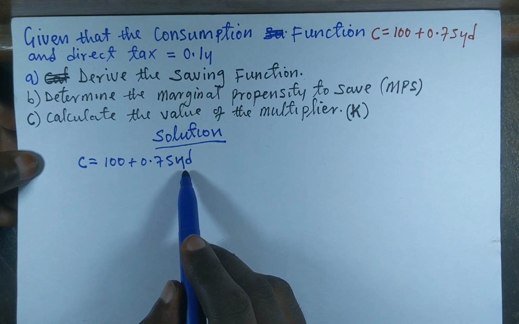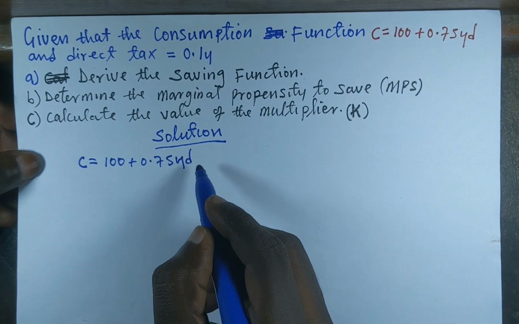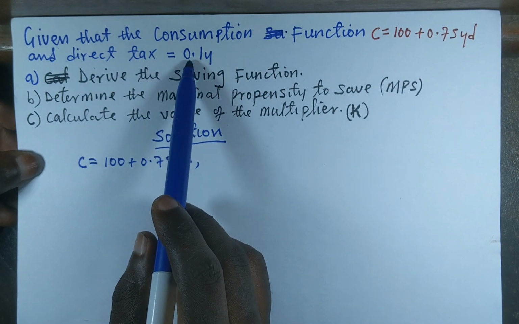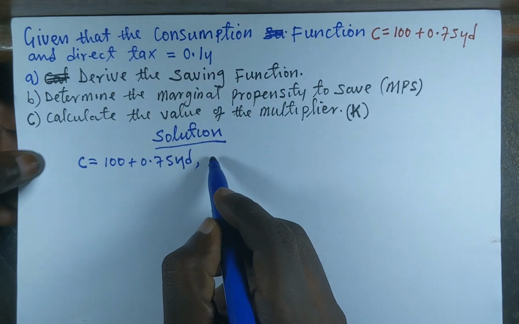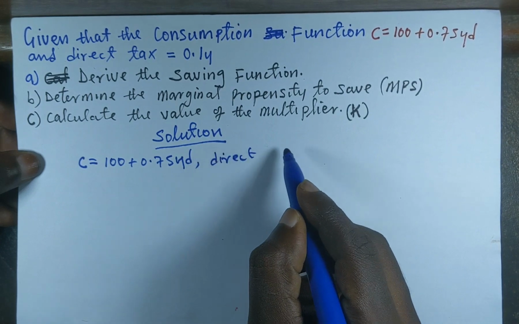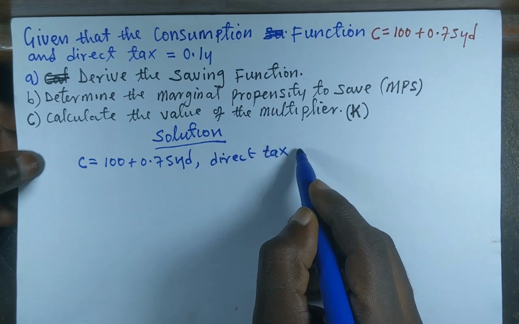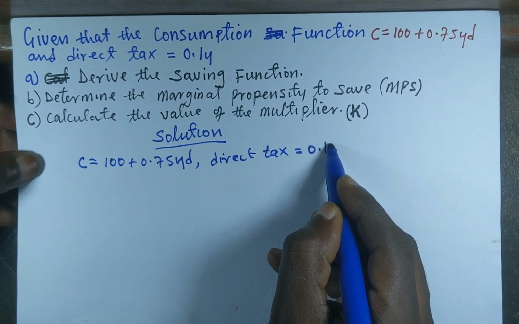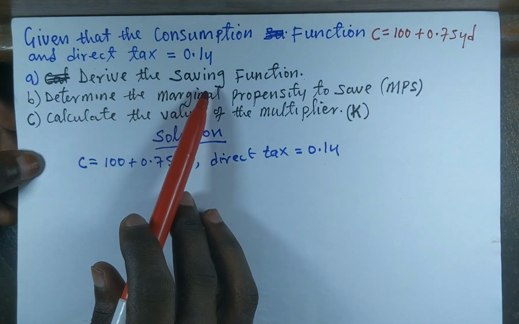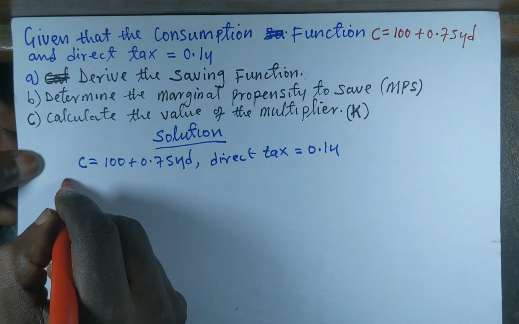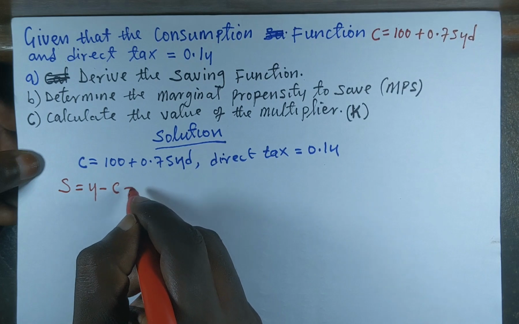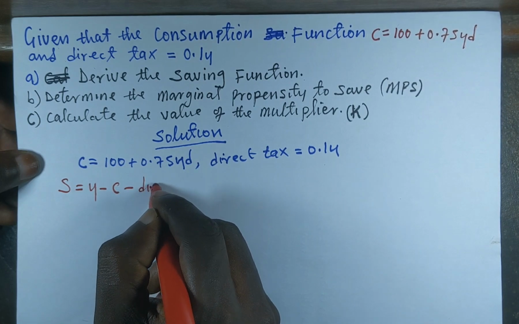YD represents our disposable income, and the tax has been given as 0.1, that's a direct tax, equal to 0.1Y. Our focus is to derive the saving function, and we know that saving S is equal to income minus consumption minus direct taxes.